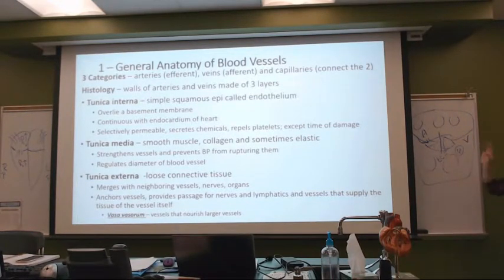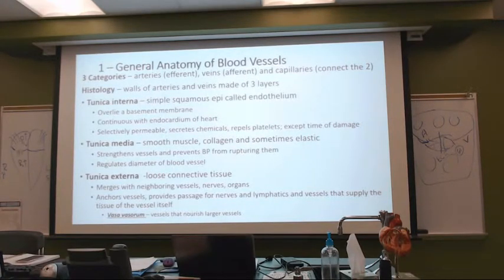So, my internal tunic, there's a basement membrane. It runs continuous with my endocardium of the heart. If we think about those vessels that are leaving, their connection is this internal tunic from the heart.